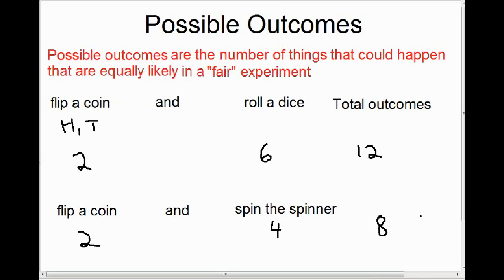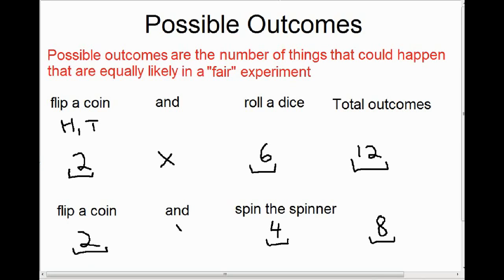So if you look at these 2 examples, you're probably starting to realize what happens when we combine 2 experiments. When we look individually at the number of possible outcomes there are for each experiment and how many outcomes there are in total when we combine those 2 experiments, well, mathematically, if you look for a relationship between those 2 numbers and the total number of outcomes, you can see that we're multiplying.